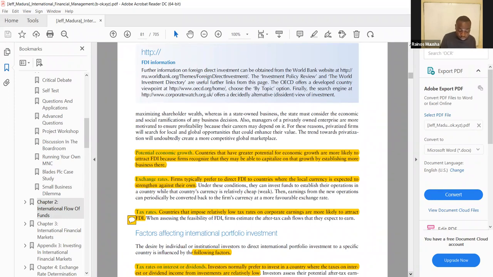Then there's also the issue of exchange rates, where they say firms typically prefer to direct foreign direct investments to countries where the local currency is expected to strengthen against their own.